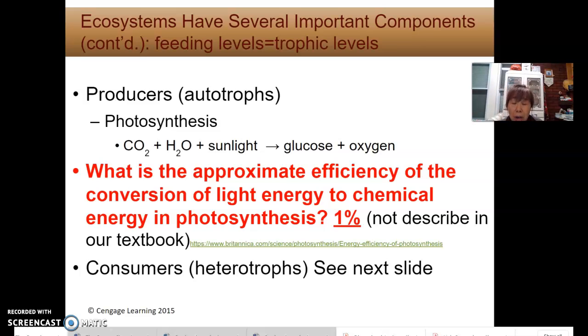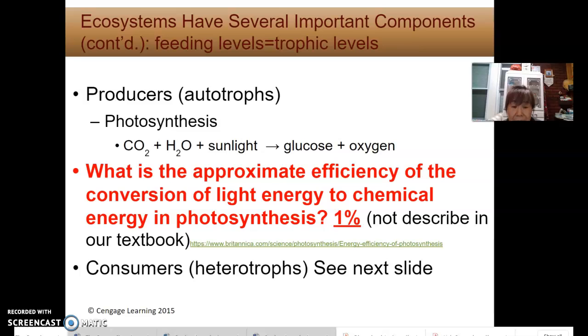So producers are also called autotrophs. Most of the producers do photosynthesis, using carbon dioxide, water, and sunlight to produce glucose and oxygen. One part which is not in our book that you need to know is the efficiency of a plant converting light energy to chemical energy through photosynthesis.